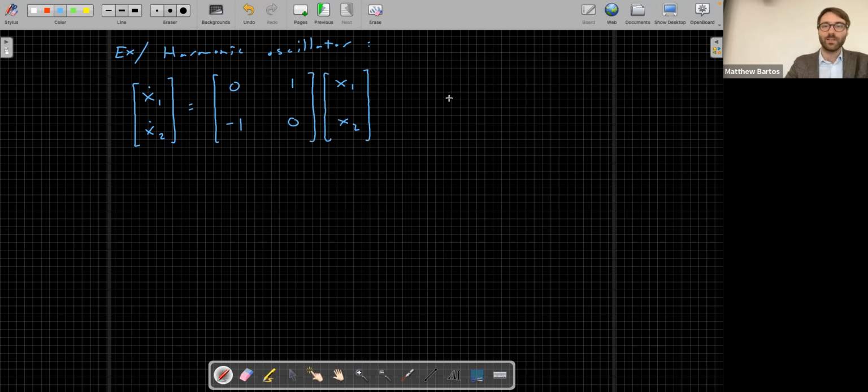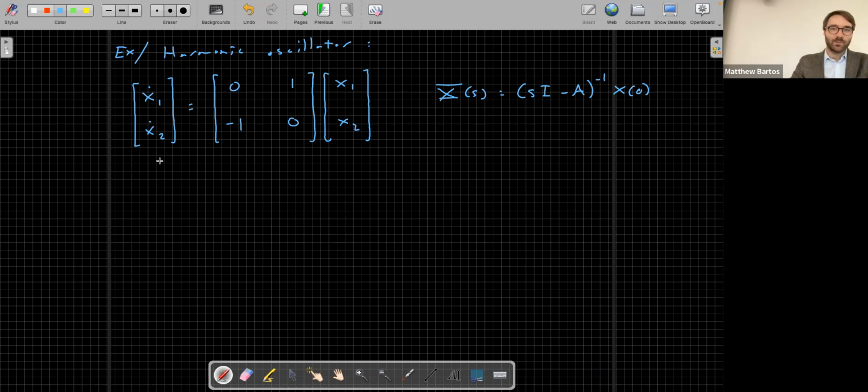All right, so we know that our solution in the frequency domain is given by X of s is equal to (sI minus A) inverse times x at time 0. So let's go ahead and compute this term. This is called the resolvent, (sI minus A) inverse.